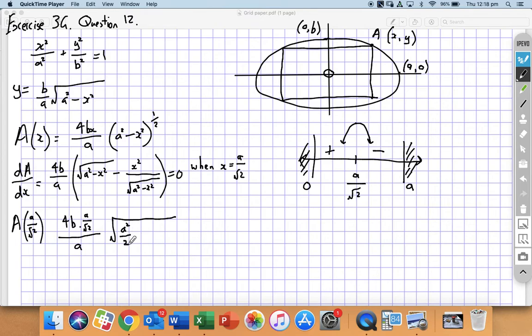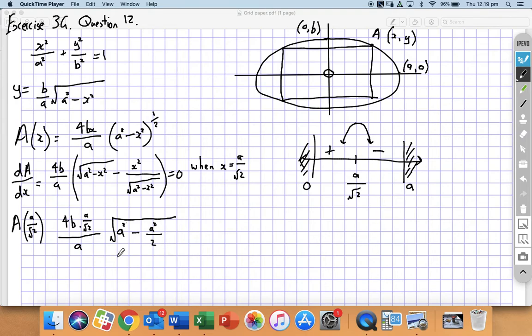No, I'm making a mistake, sorry, I was doing the x squared. The square root of a squared minus x squared. X squared is basically just half of an a squared.